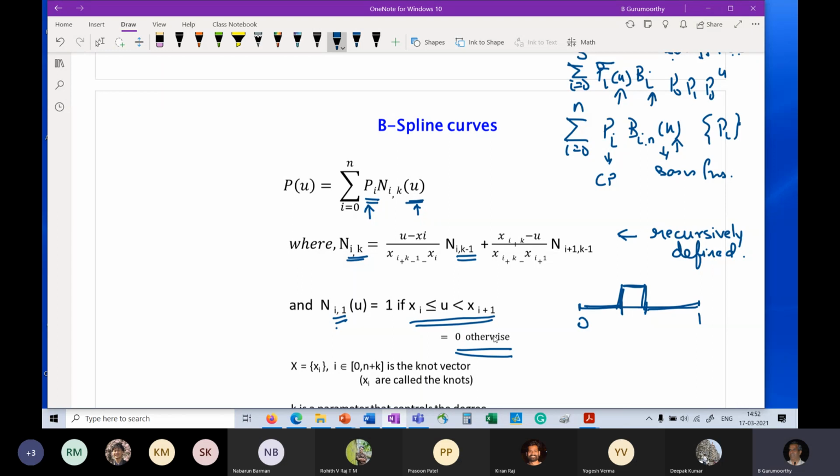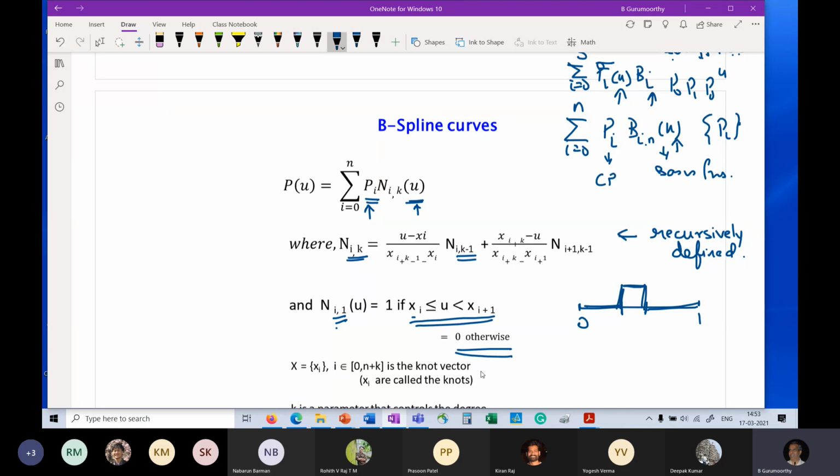As you can see, there are two new parameters involved here. One is this parameter k, which defines the basis function. We don't know what it is right now; we will come to that in a minute. And second are these elements x_{i+1}. First the definition, and then I will tell you the physical significance.